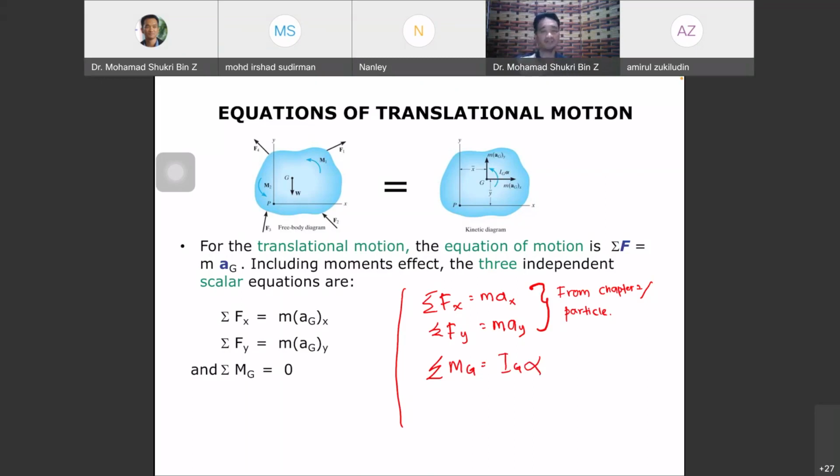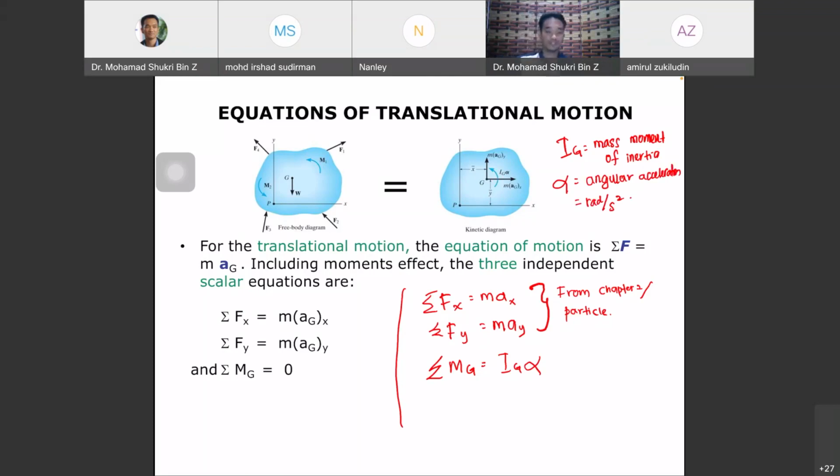IG ialah mass moment of inertia. Alpha is angular acceleration, unit radian per second square.